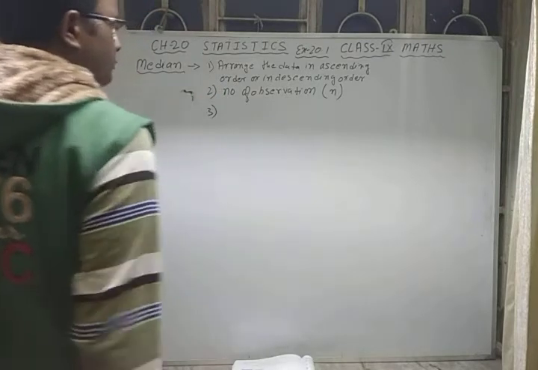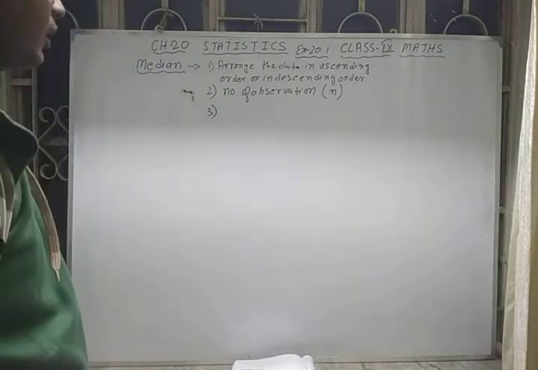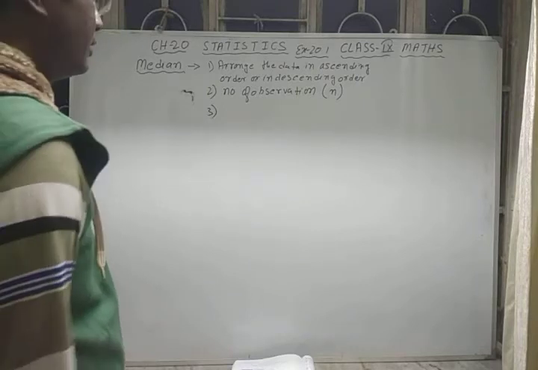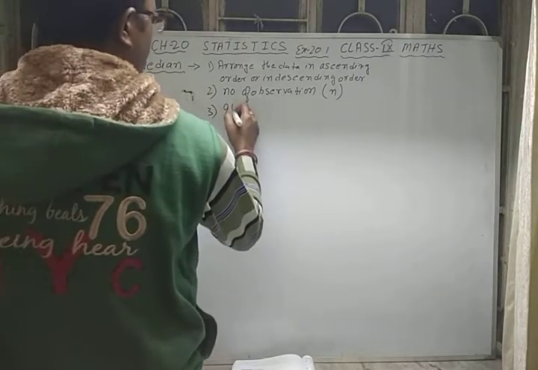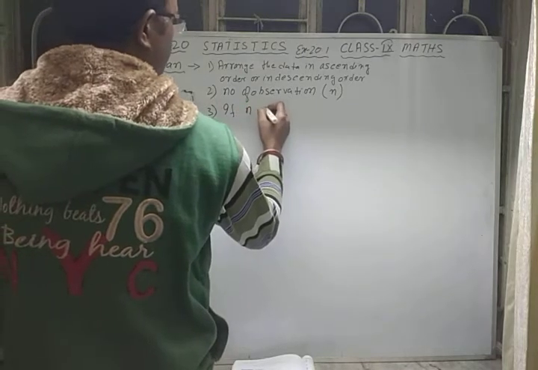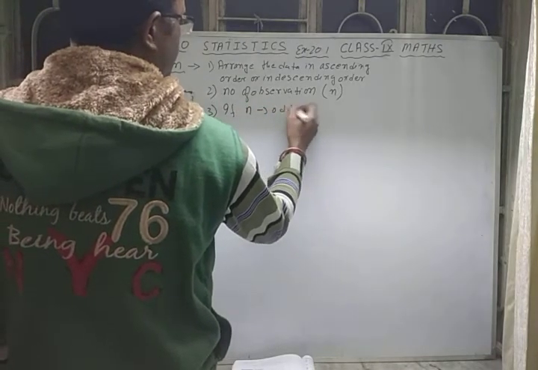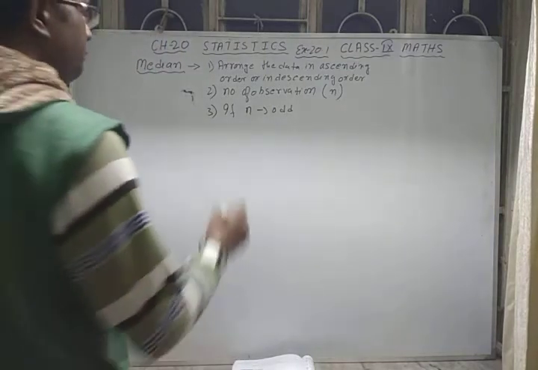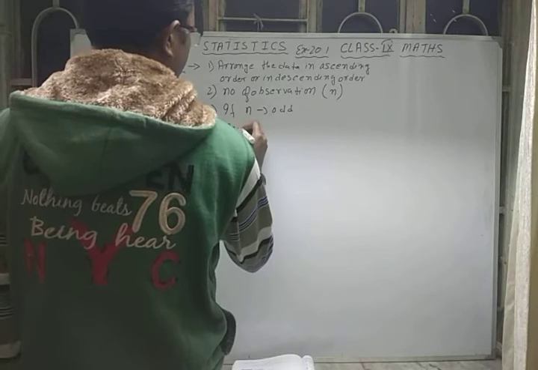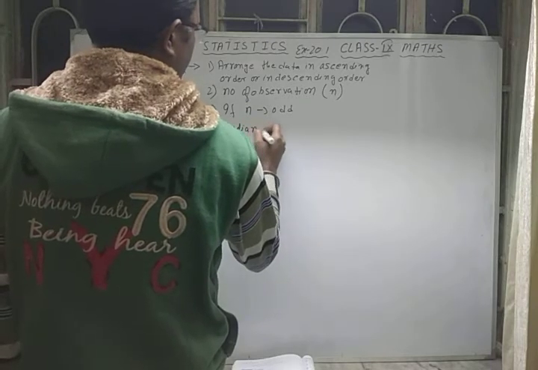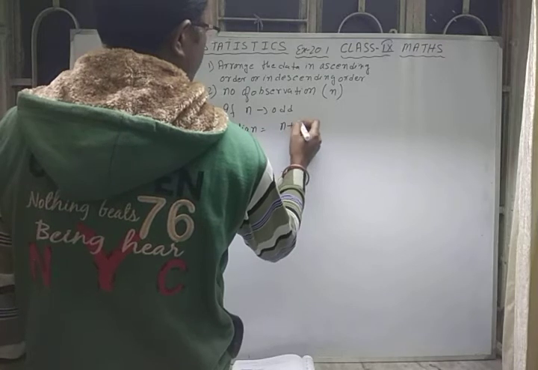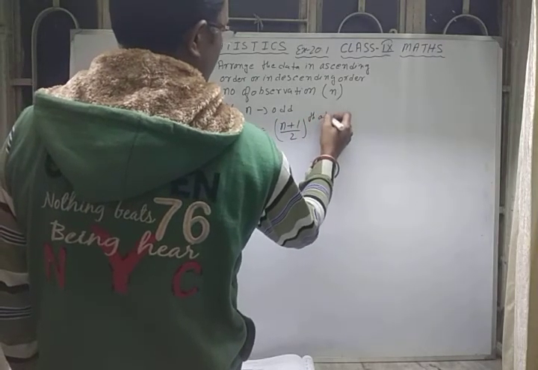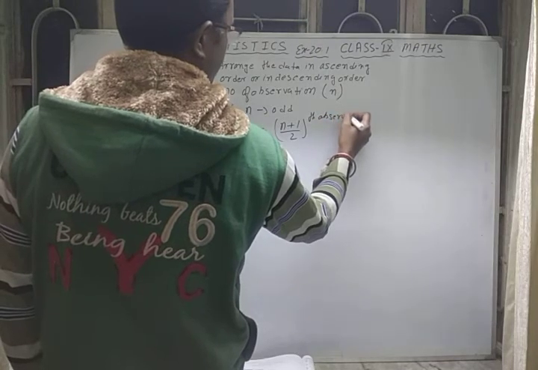How will you find the median? For that you have to observe the number of observations. If n is odd, the median is equal to (n plus 1) by 2-th observation.